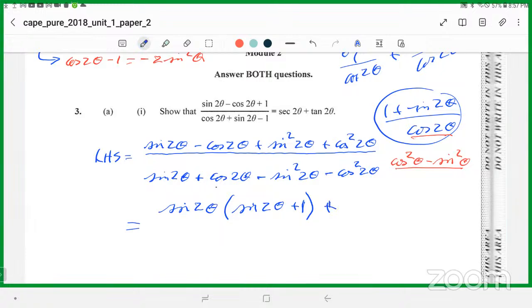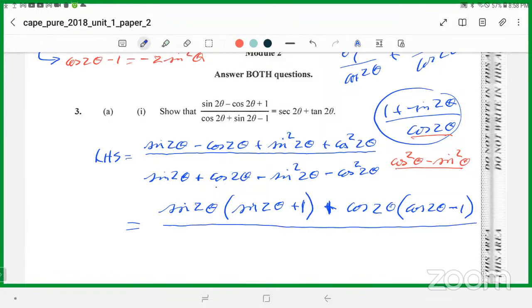It has become more complicated. I'm gonna factorize the cos 2 theta. I'm gonna get cos 2 theta times (1 minus cos 2 theta). All over the same thing on the denominator.